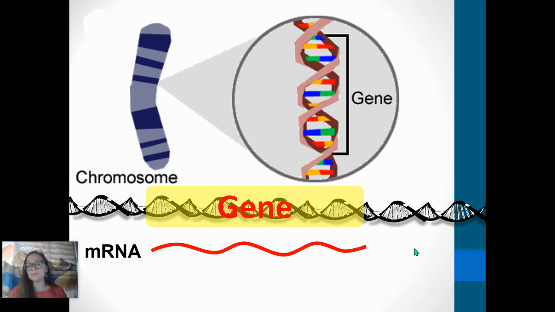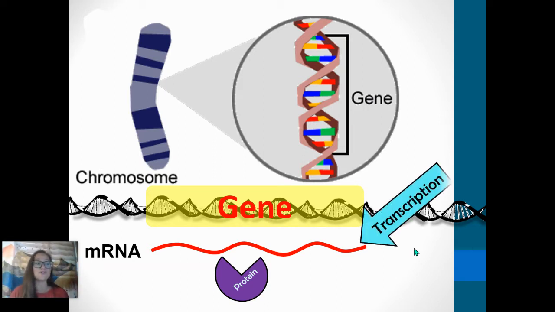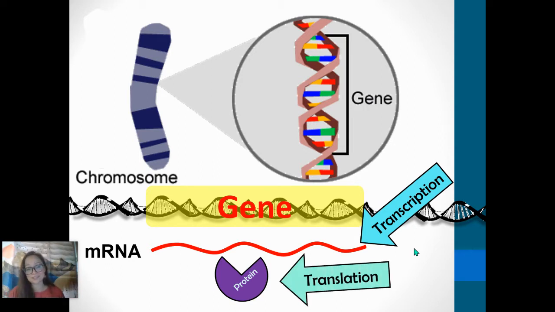So we're going to use messenger RNA. And then that messenger RNA is just that. It's a messenger, and it's going to carry those directions of how to build the protein to the ribosome, because ribosomes are what build proteins. So the first step in going from DNA to RNA is called transcription. And then how we read the messenger RNA to build a protein is called translation.